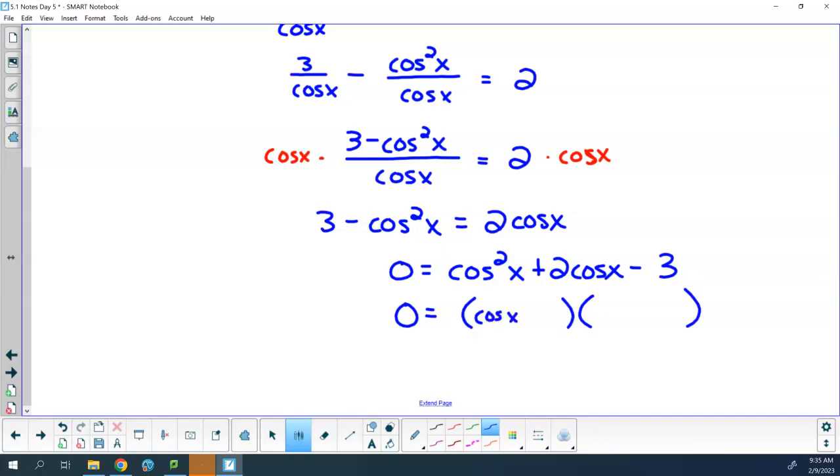Cosine times cosine gets to be cosine squared. What two numbers multiply together to be negative 3 and add to be positive 2? Positive 3 and negative 1.